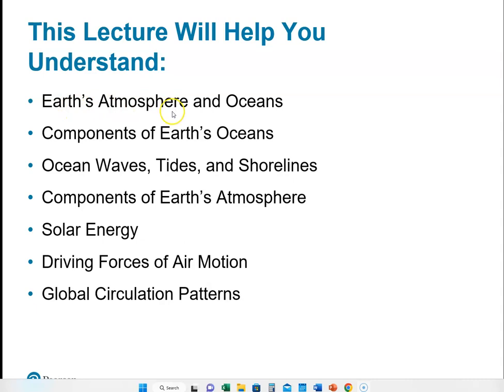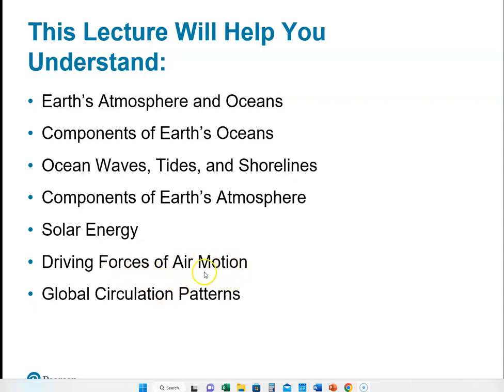These are the different topics we're going to cover. Just the general Earth's atmosphere and oceans, the components of the oceans, how waves are created, how tides are created, and how shorelines are shaped, the components of the Earth's atmosphere, how solar energy gets to the Earth, and then what happens to that solar energy, and then the driving force of air motion.